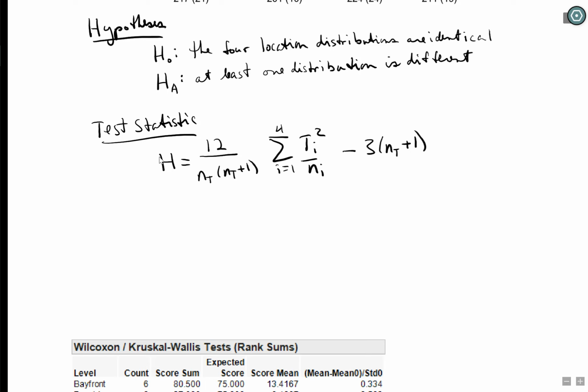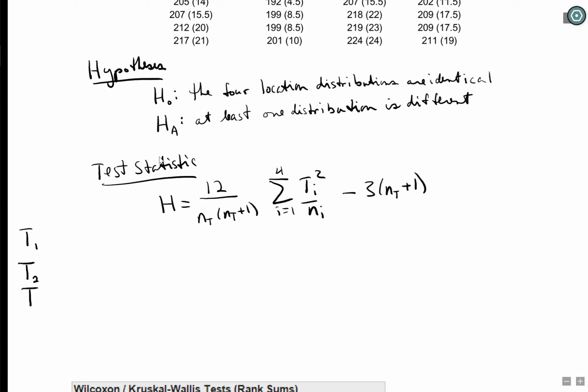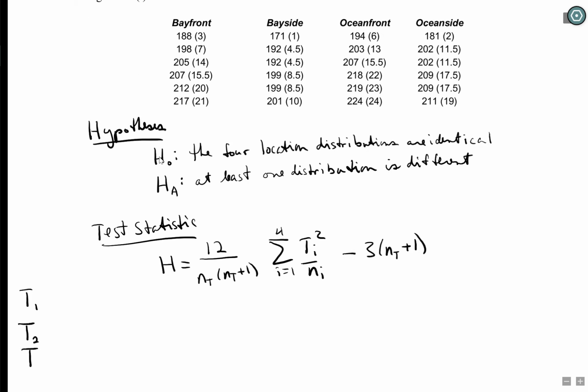The T1, T2, and T3, I'm going to need those values. Actually, I can get that here, right? T1 is the sum of these ranks for sample 1, if you add those values up, you will get 80.5.